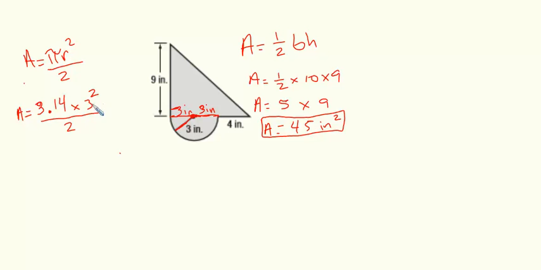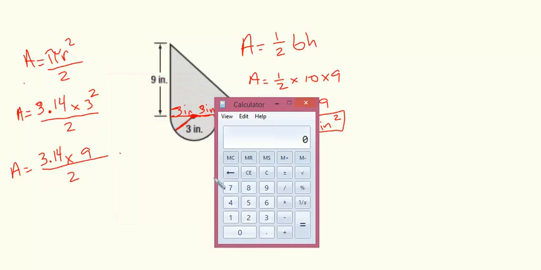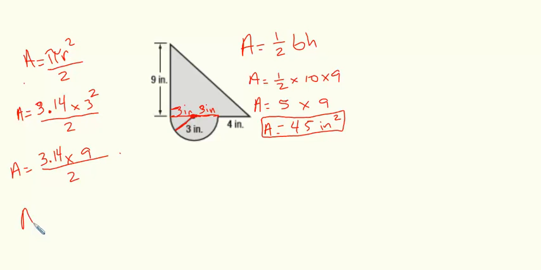Step by step, we'll start with the exponent. 3 times 3, I have 9. So the area equals 3.14 times 9 divided by 2. 3.14 times 9, I get 28.26.